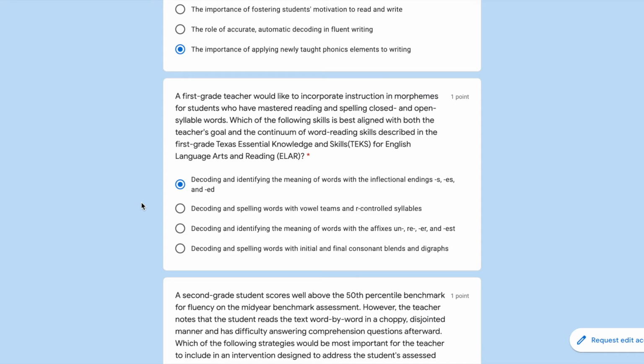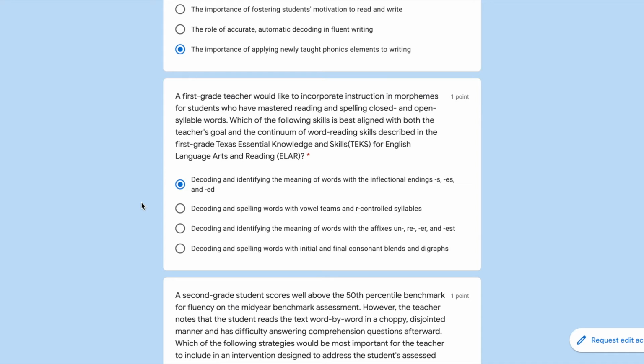Now, according to the TExES Essential Knowledge and Skills for English Language Arts and Reading, evidence-based research suggests that kindergarten and first grade students demonstrate emerging morphological awareness that is both explicit and direct from the teacher's instruction.